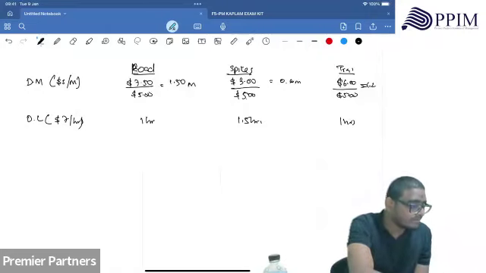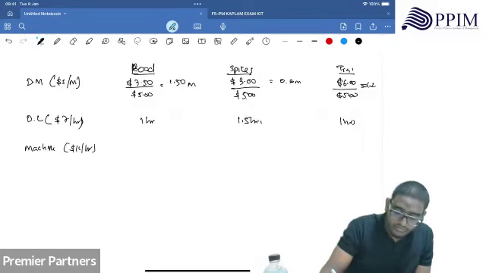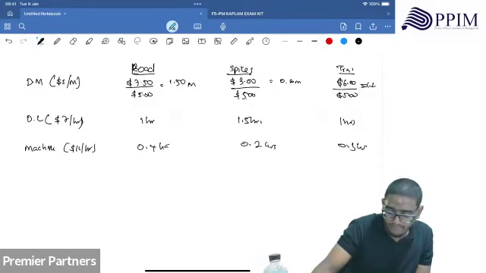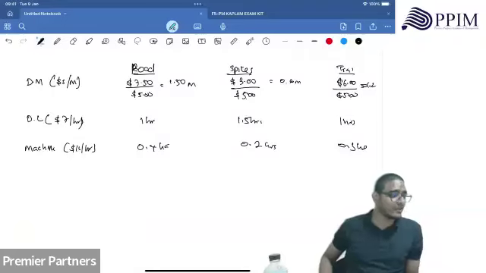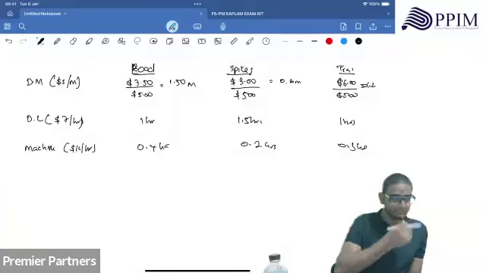Then you have machine hours, which is $10 per hour. So 0.4, 0.2 and 0.3. Okay. So that's where we are. And they've absorbed the fixed overheads per pair of shoes at 4, 6 and 4. So that's good.